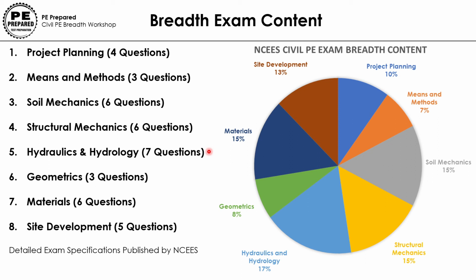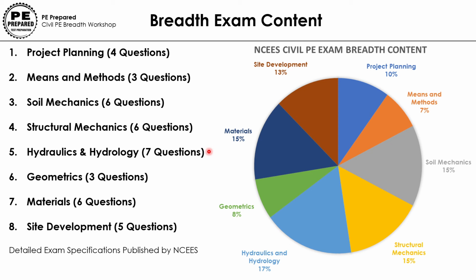Besides these 8 core subject areas, there are also various secondary subject areas within each of these 8 core areas. And it's well worth your time to read through it and really understand how many questions might be on what kinds of subjects before you start studying. So as you can see here, the big areas where you need to focus are hydraulics, soils, and materials and structures.